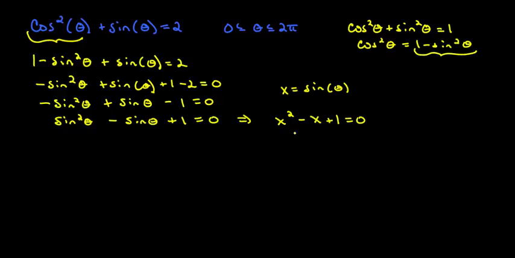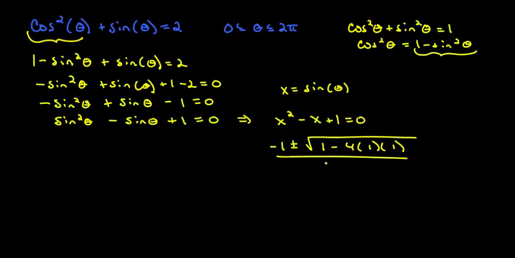Now we can't factor this. We could try to complete the square, but we're going to end up with fractions. Or we can use the quadratic formula. So that'd be negative b plus or minus the square root of b squared minus 4 times a times c over 2 times a.